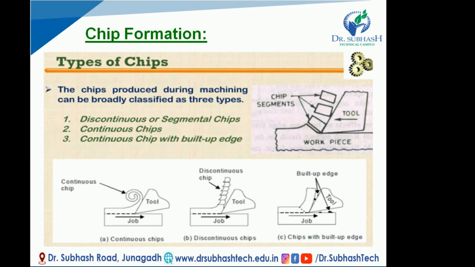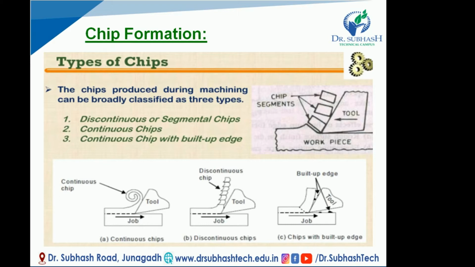Mainly there are three types of chips: discontinuous chips, also called segmental chips, continuous chips, and continuous chips with built up edge. So the chips produced during machining can be broadly classified into three categories. The figure is also given in this slide, and with it you can easily understand.